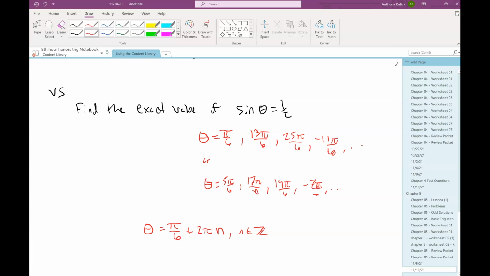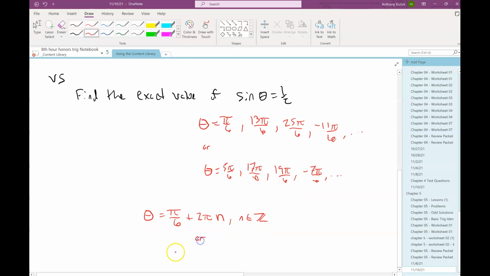So by writing plus 2 pi times n, where n is an integer, you're talking about any multiple of 2 pi, right? Any whole number multiple of 2 pi. And because integers can be positive or negative, I'm getting adding 2 pi and subtracting 2 pi's. Is everybody cool with that?